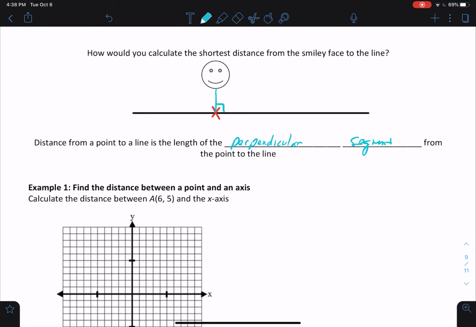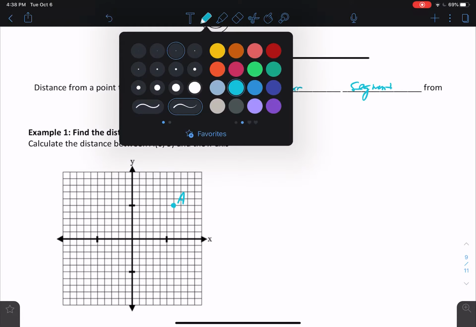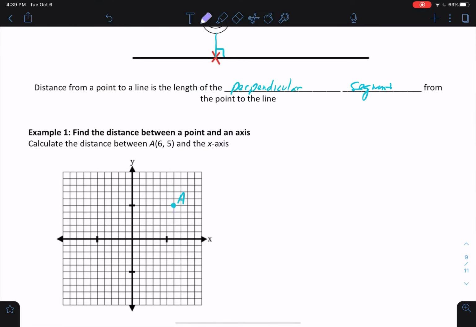So, for example, if I wanted to calculate the distance between point A, which is at 6, 5, so A is right here, and the x-axis, which is, remember, the horizontal axis, I'm going to drop a perpendicular segment here, and figure out how long that segment is.